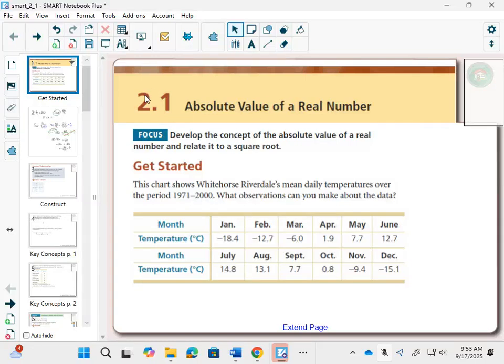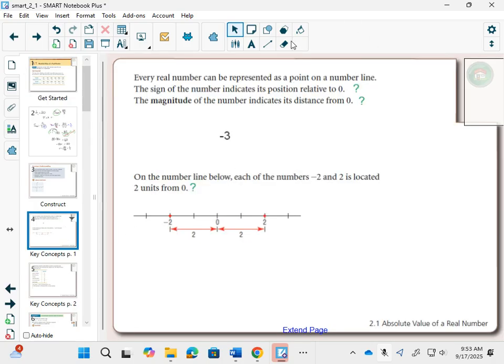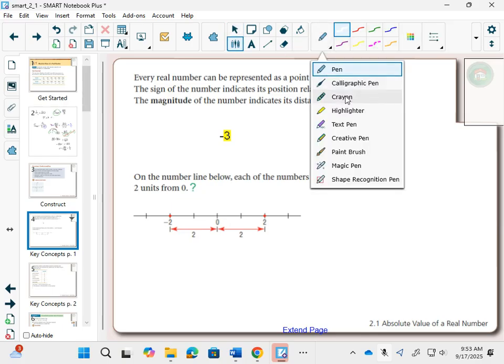And the first part of chapter 2 deals with absolute values. So a couple of definitions that we're going to highlight here. Take out my highlighter.